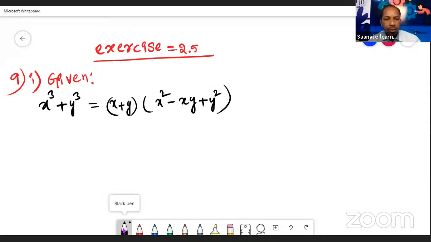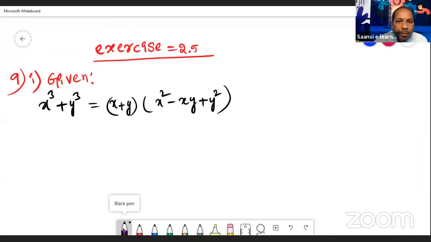Okay. So this is the given problem. First of all, we have to verify whether x cube plus y cube is equal to x plus y into x square minus xy plus y square or not. Okay. So verify means LHS is there, RHS is there, so we have to prove that LHS is equal to RHS.